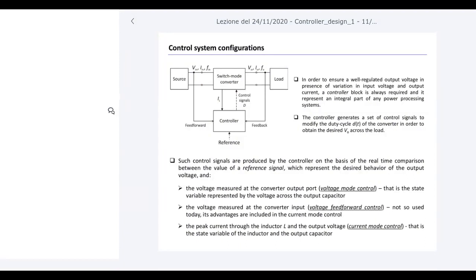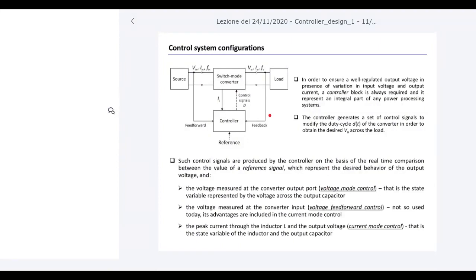So we see that there are several different kinds of feedback controller. They are always closed-loop feedback controllers, so they sense the output voltage and then in some way generate a new set of control signals.